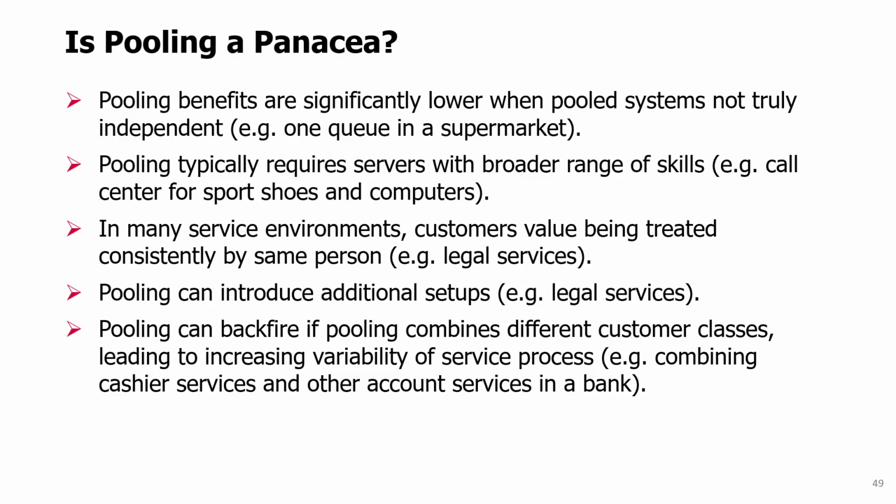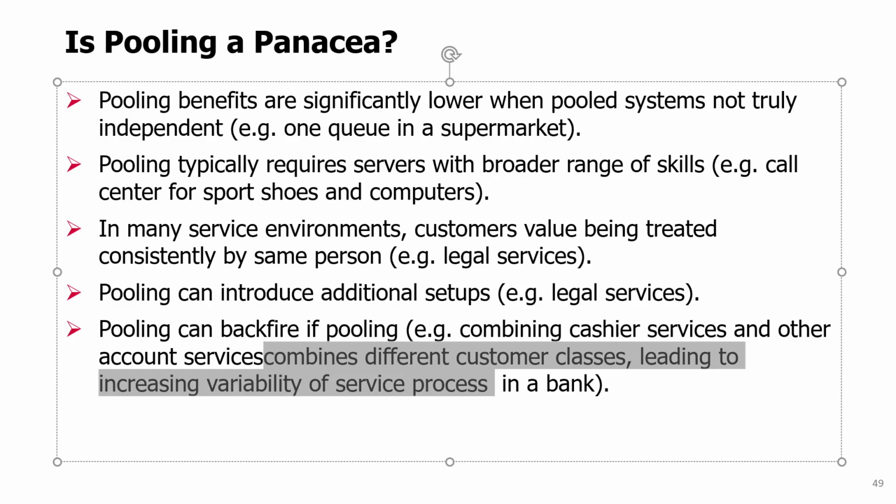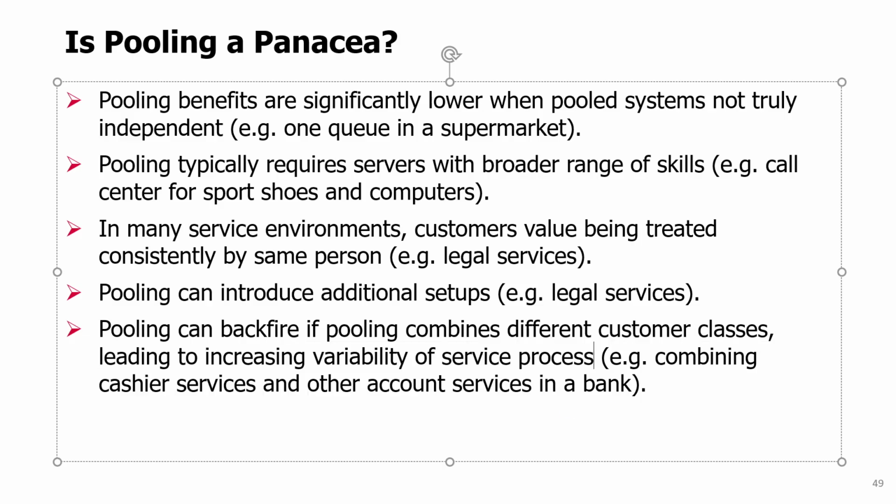If you pool those two streams, then of course the average waiting time for the regular customers will be significantly decreased, but the premium customers might not like the new situation, and therefore they might shift to another bank because they will not accept a half a minute or 1 minute waiting time when they could have a system where they don't wait almost at all. So sometimes this can backfire.